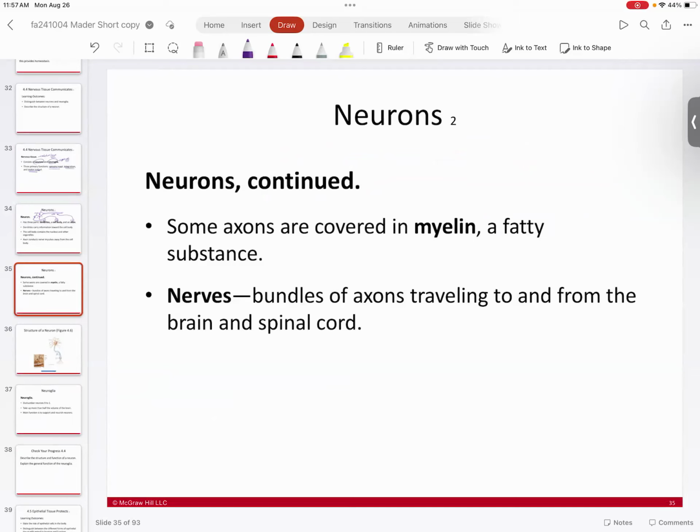Now, when you take a look at the axons, we can categorize neurons by the way their axons are structured. For instance, in some cases, axons will be covered by a fatty myelin sheath. If you look at the cross-section of the axon itself, wrapped around the axon is actually another cell, which wraps its membrane multiple times around that axon.